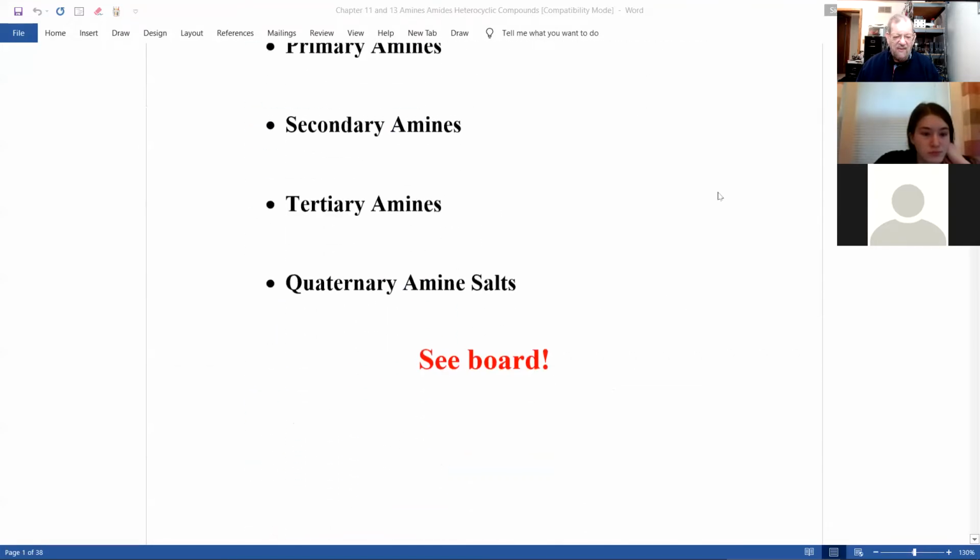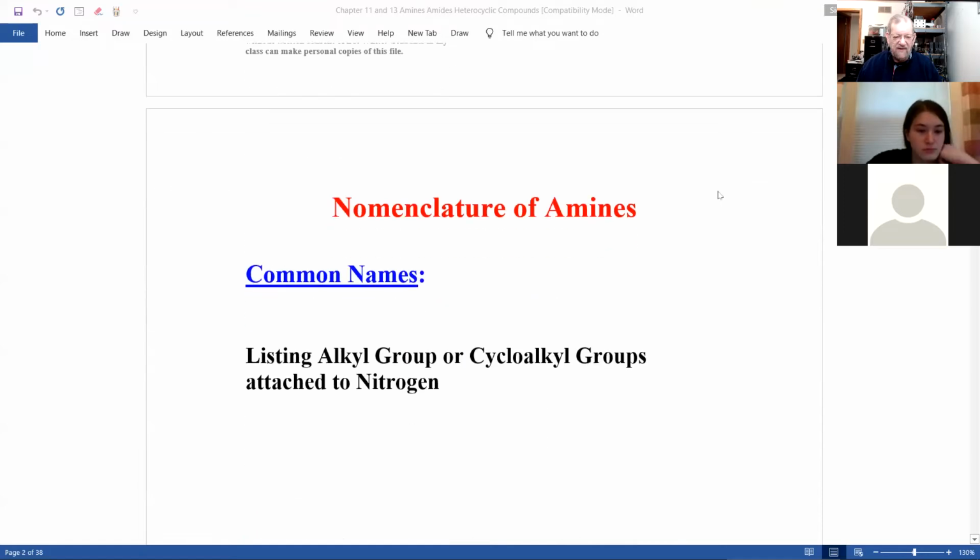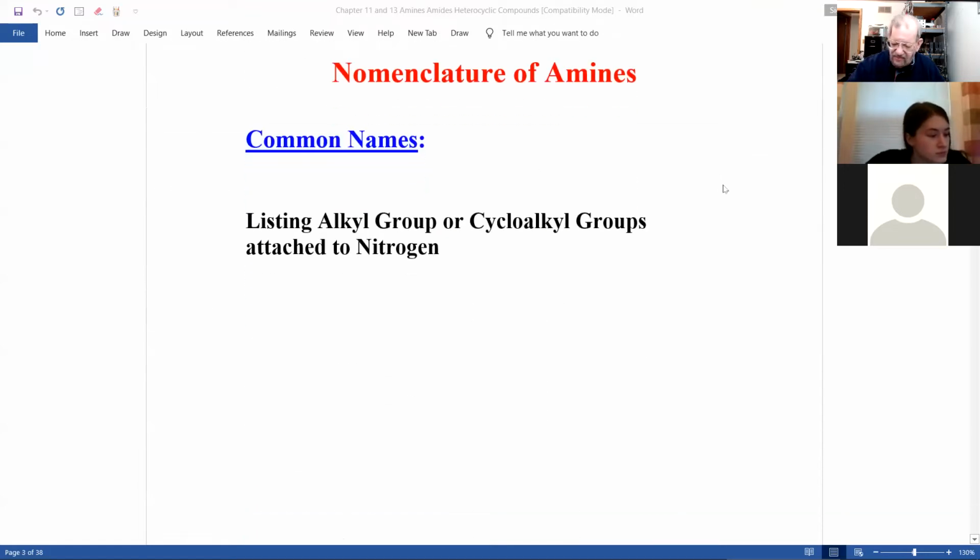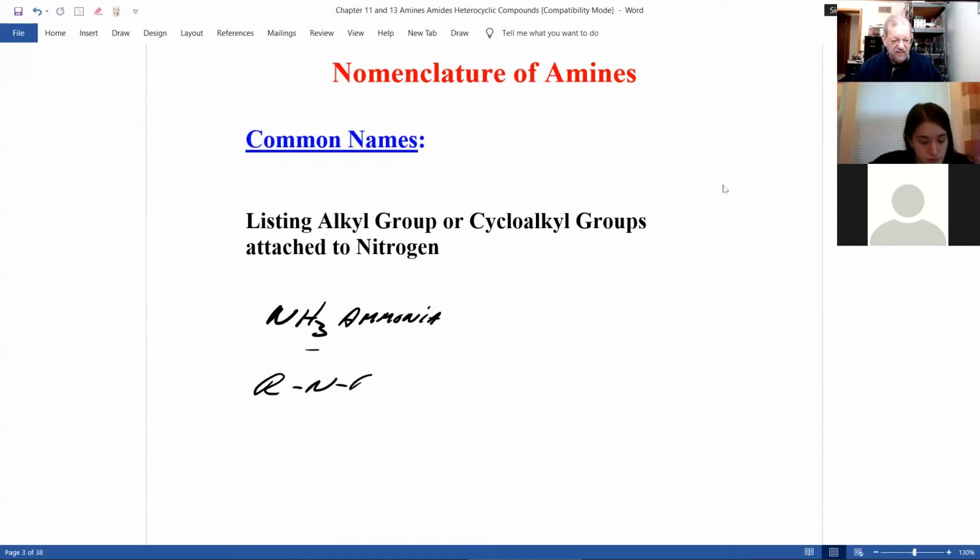And we had talked about amines are derivatives of ammonia, and when you replace the hydrogens with R groups, you have amines. I don't think I did this last week, but I sometimes do it, and this is a good time to do it.